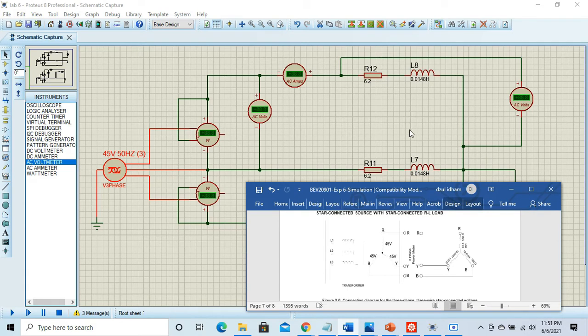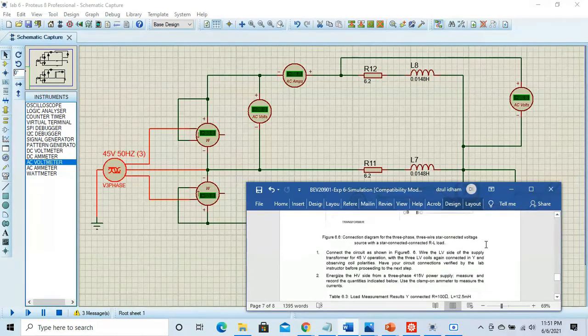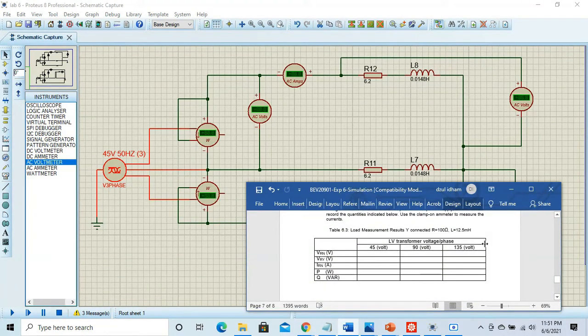We develop the same theory, VRY equals 45 times square root 3, so VRY is much bigger than the 45 volt source. It requires the same as activity 1: VRN, VRY, and IRN.